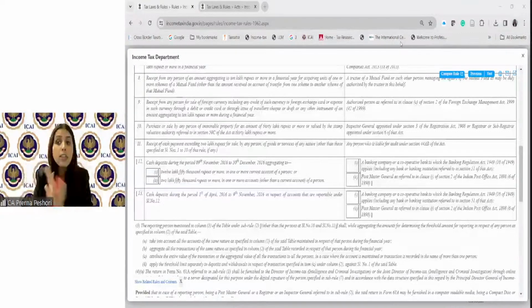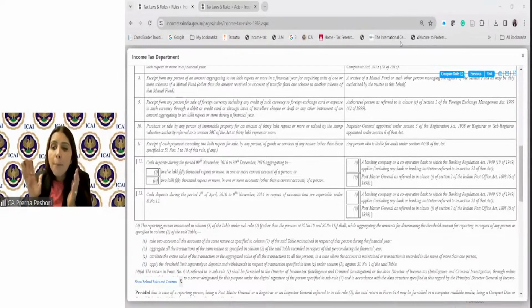In case you think that this is not income, give feedback to the AIS. In case you think that this should have been considered, just file your revised return, or file your updated return, or file a belated return if you have not filed the return prior.